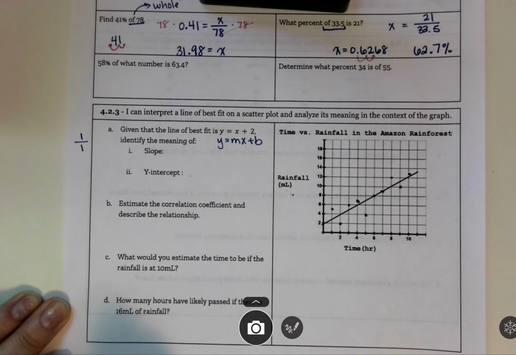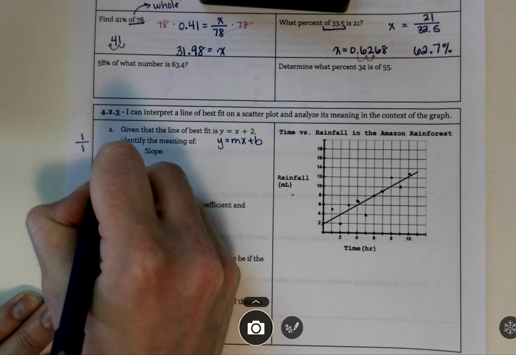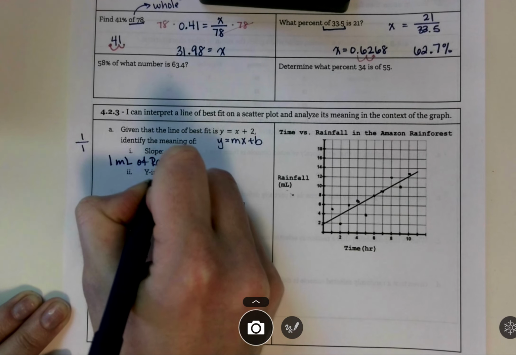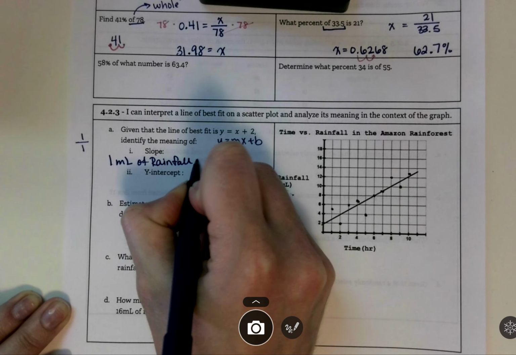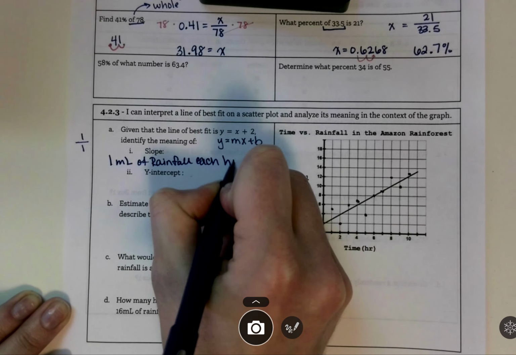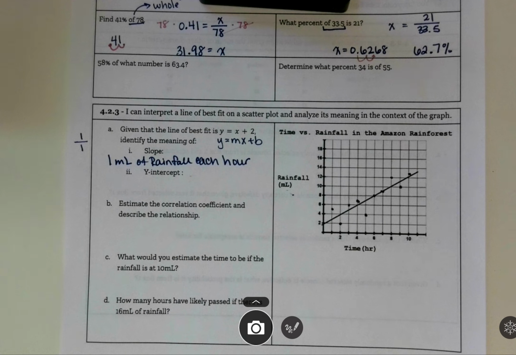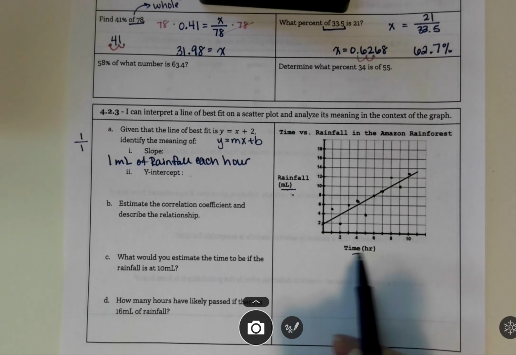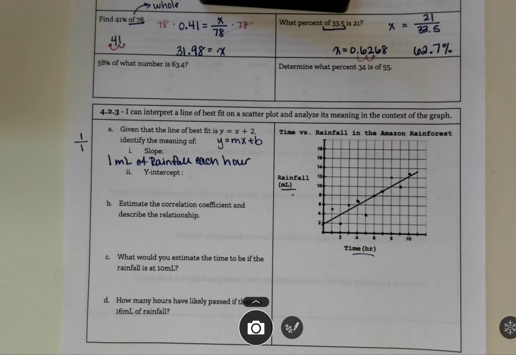So I can say, for the meaning of the slope, there is 1 milliliter of rainfall each hour, or for every 1 hour. I want to make sure that I'm talking about both units, the units for the y-axis and the units for the x-axis. For my y-intercept, I'm looking at where my graph begins.